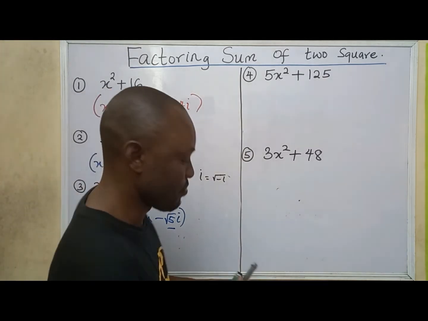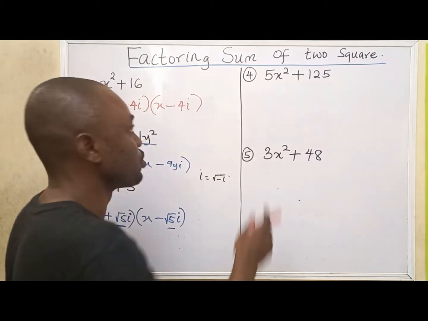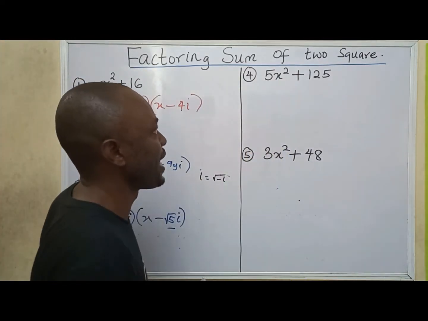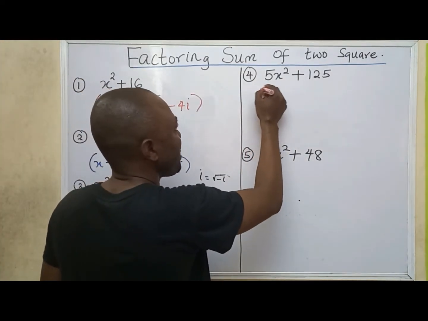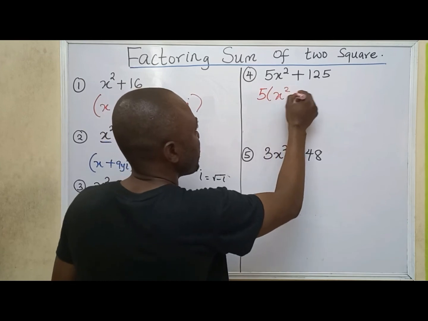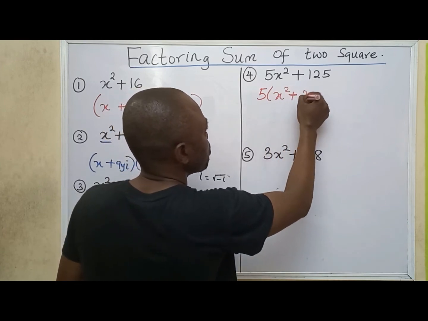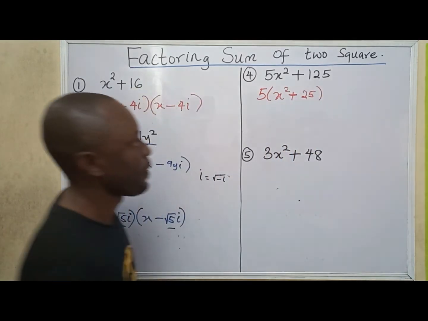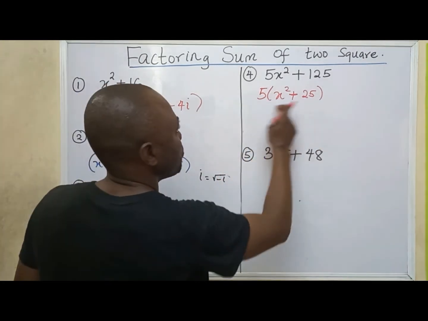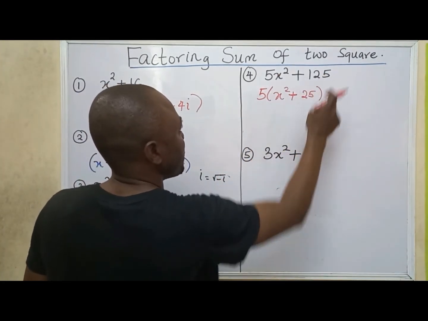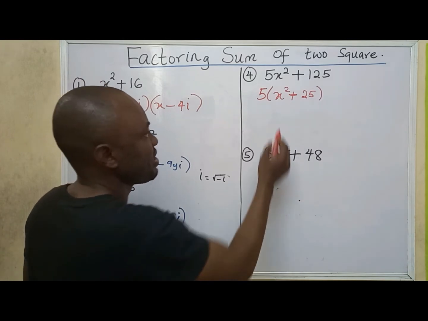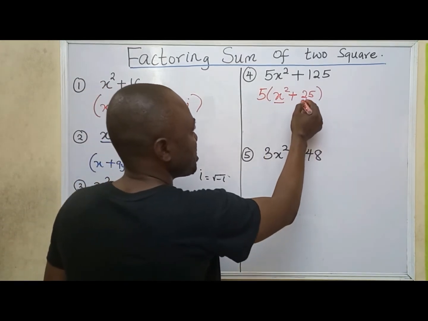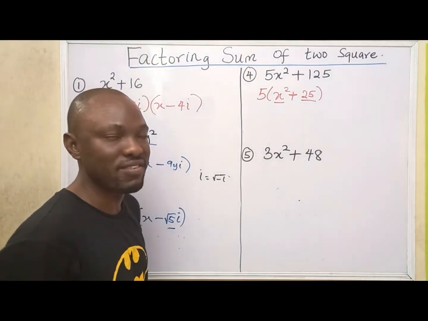Now, if we look at number 4, the first thing we need to do is to factor out 5, right? If we do that, I have 5 into bracket, x squared plus 25. If you multiply 5 by all of this, you're going to get back that. The next thing, this is a perfect square. This is also a perfect square. 25 is a perfect square.